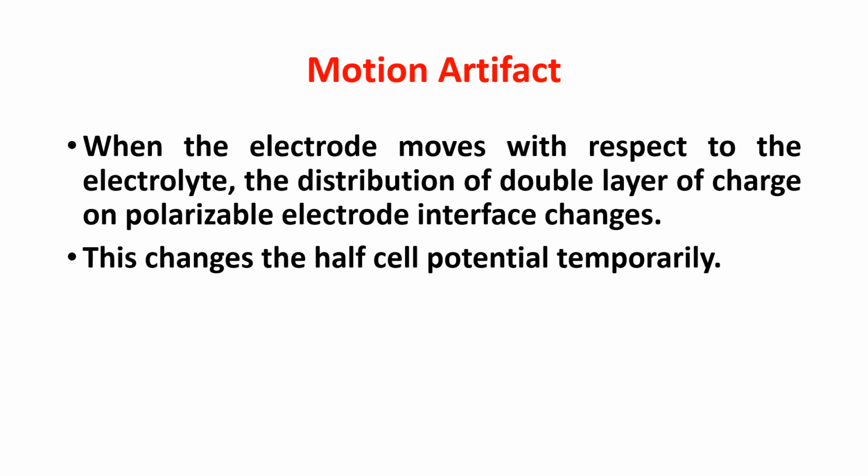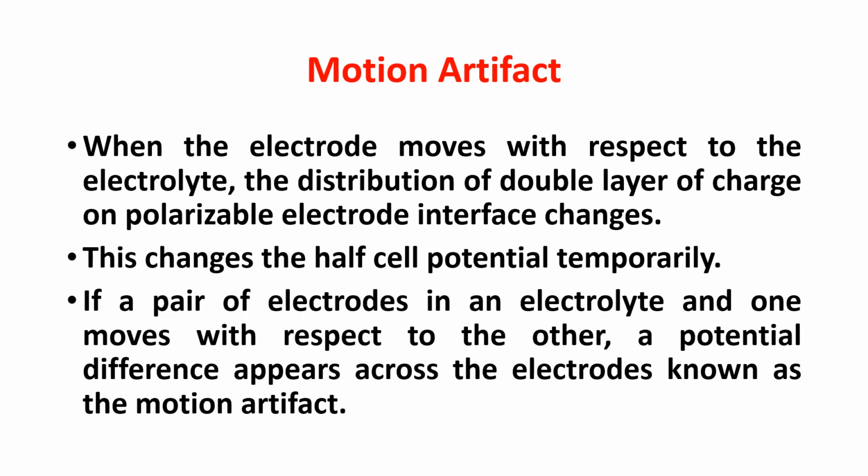If a pair of electrodes is in an electrolyte and one moves with respect to the other, a potential difference appears across the electrodes, known as motion artifact. This is a source of noise and interference in biopotential measurements. Motion artifact is minimal for non-polarizable electrodes.